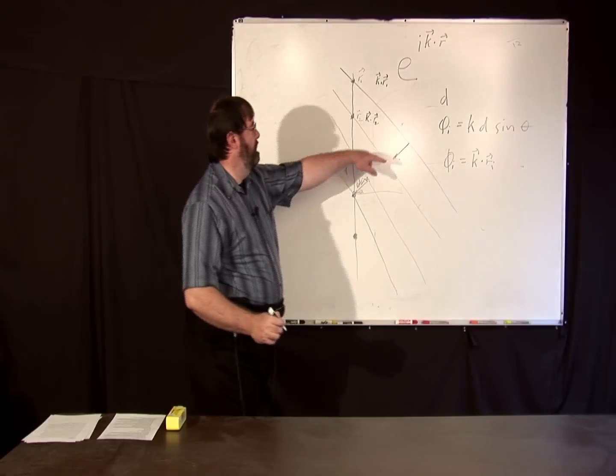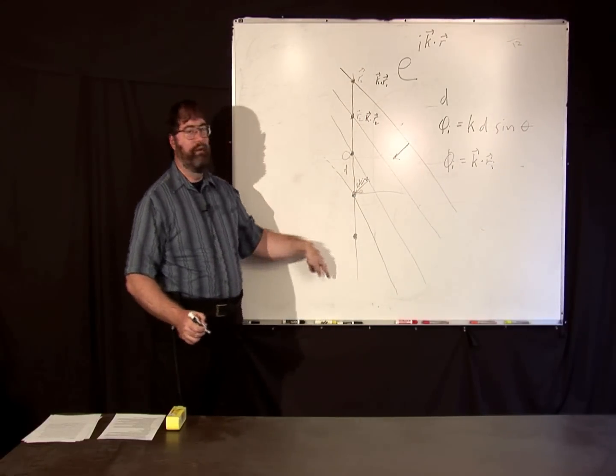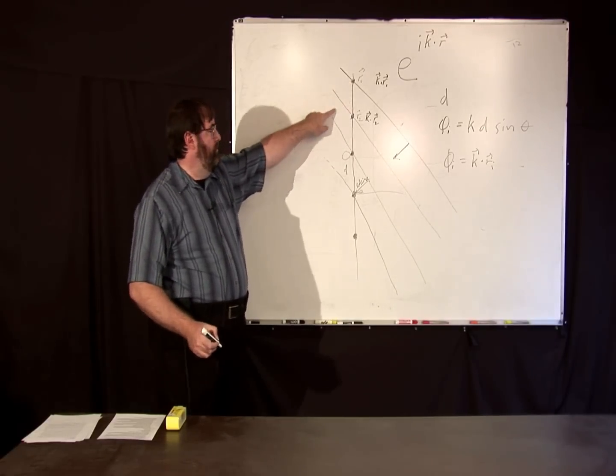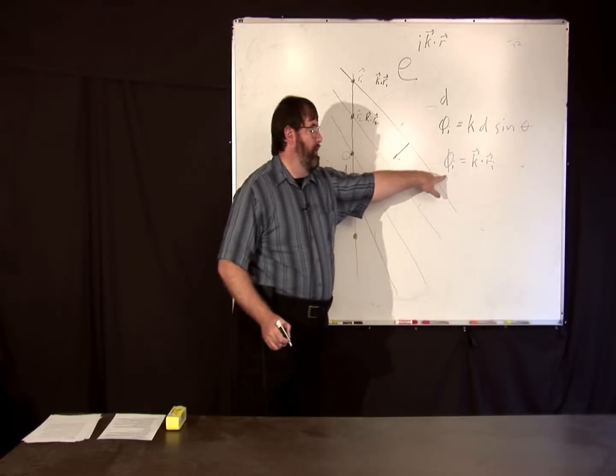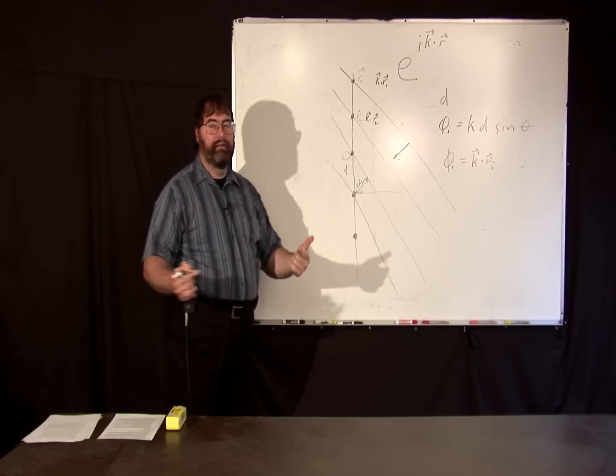That's what the phase is at each one of these points for an incoming plane wave. If these are receivers and you shift all the phases by that amount and then add them up, they add in phase, right?